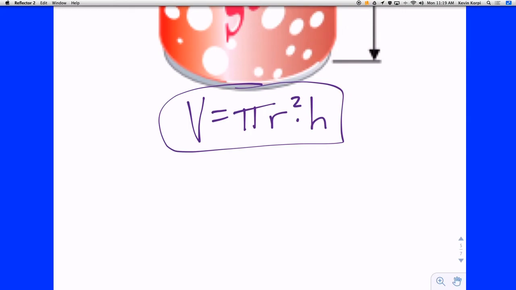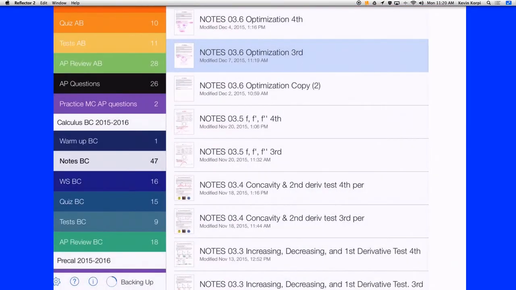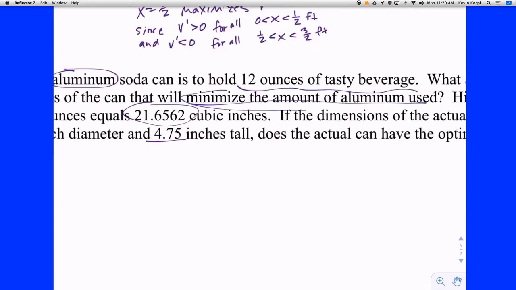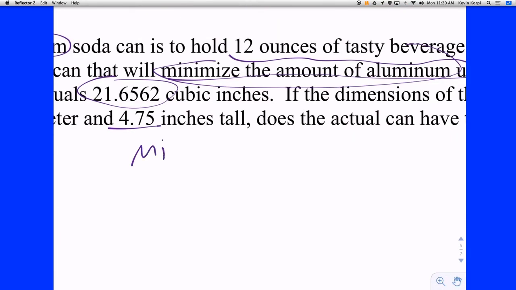Well, I need to get that now in terms of a single variable, either r or h. So what am I limited by? I'm trying to, well, let's actually write the optimal equation. That's not even the optimal equation. I need to minimize the aluminum. That's the first thing first. Minimize the aluminum.